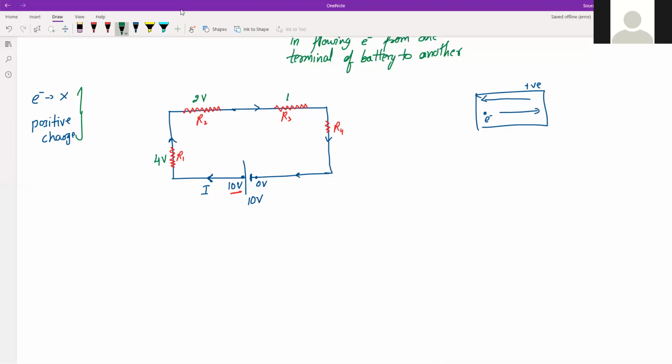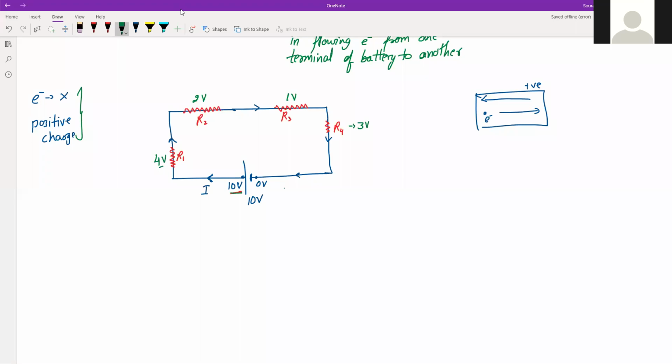Here consumption is 1 volt, so now 7 has been consumed. How much will be left? Only 3 volts, and that 3 volts will be consumed here. So we started with 10, consumed 4, 6 left, consumed 2, 4 left, consumed 1, 3 left, consumed 3, 0 left.